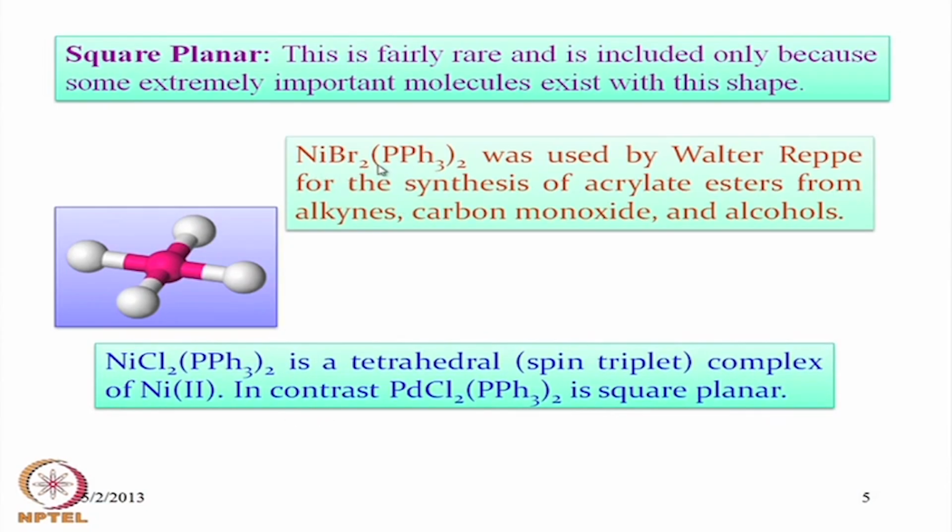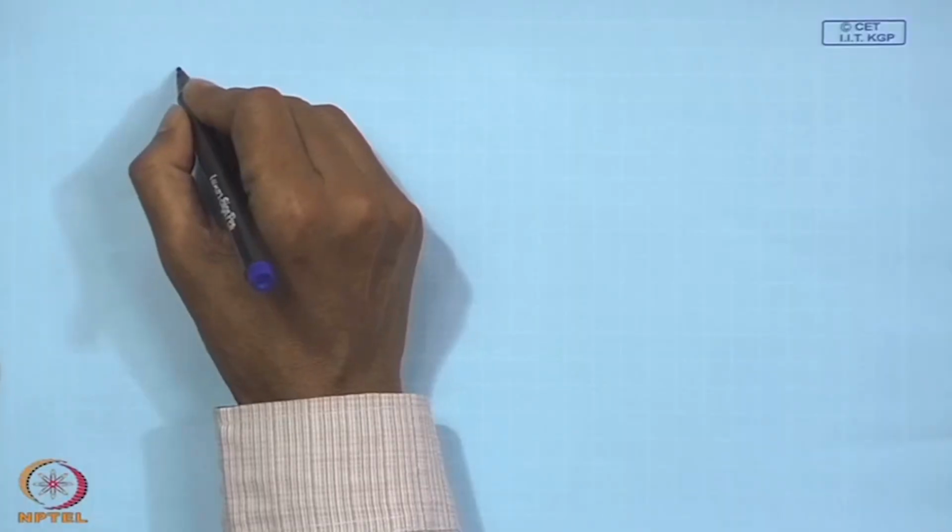Like this NiBr2 phosphine 2, this NiCl2 phosphine 2 is also tetrahedral in structure, and this spin triplet state we will discuss afterwards, how we get the spin triplet arrangement, which is related to the geometry.